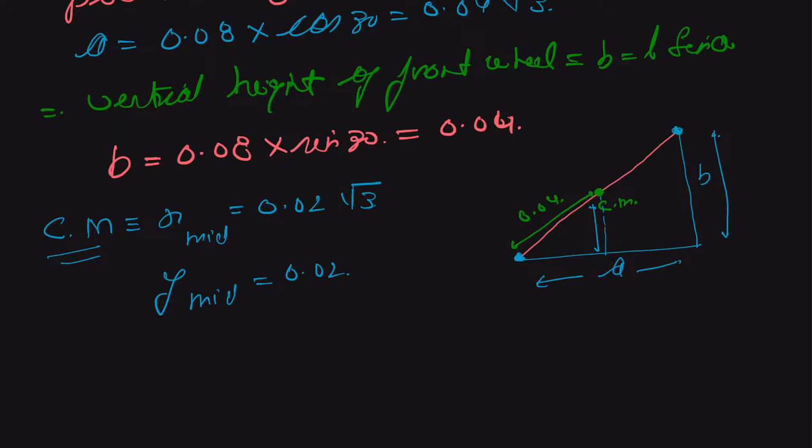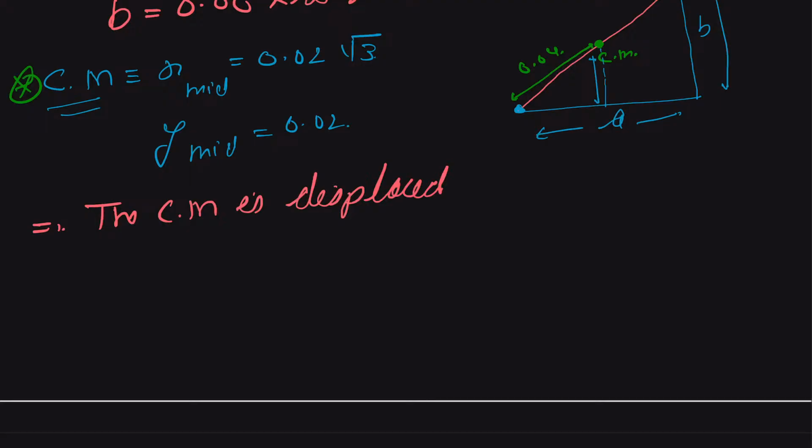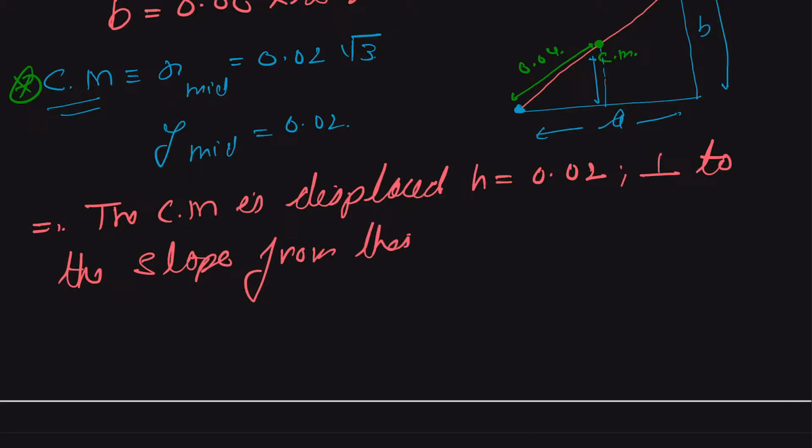Oh yes, not h. So let us say our center of mass is displaced h equal to 0.2 perpendicular to the slope from this midpoint.